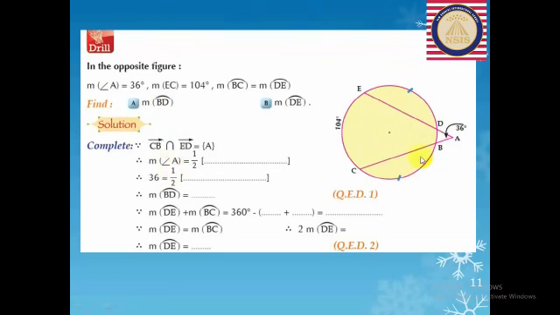Of course we said that the measure of angle A equals half the major arc minus the minor arc, which is what we're going to write: measure of arc EC minus measure of arc BD.